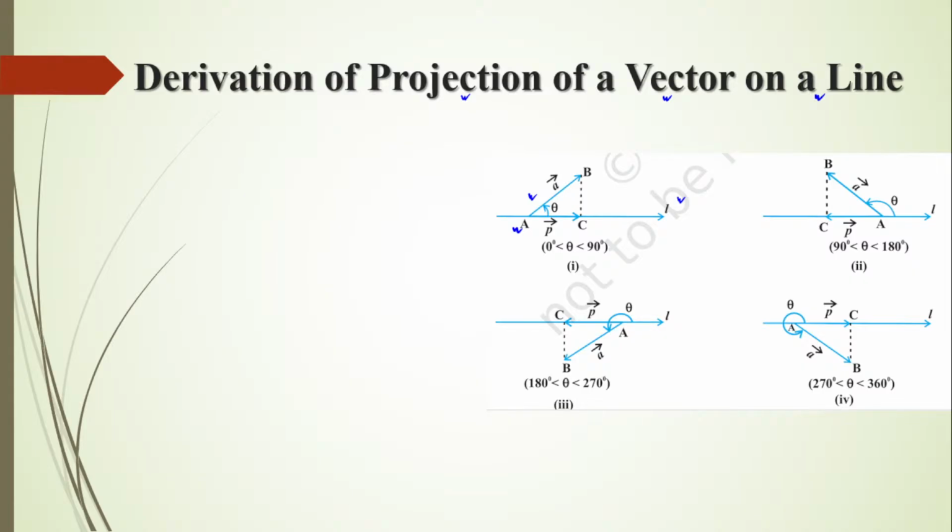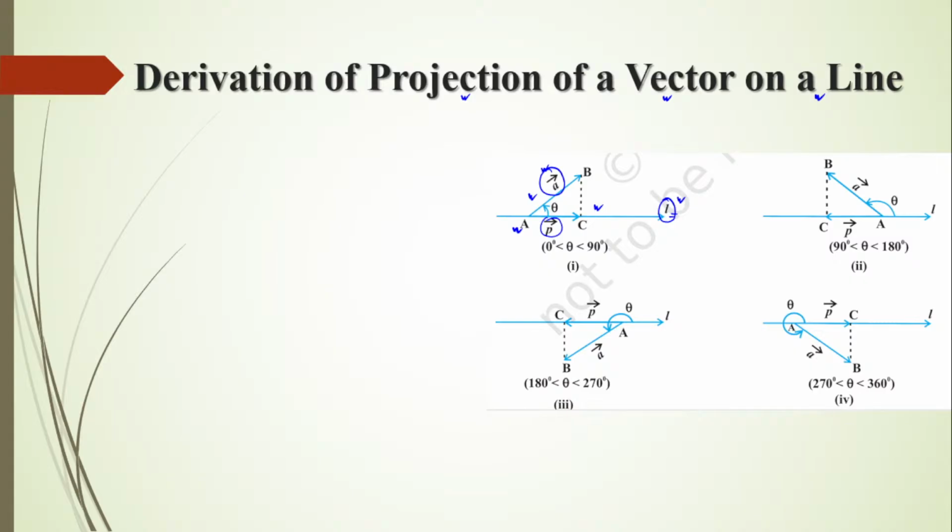So we try to find out the value of the projection, or magnitude of the projection vector, of a vector A on a line L. So projection of vector A on a line L is AC, which is generally denoted by this one.